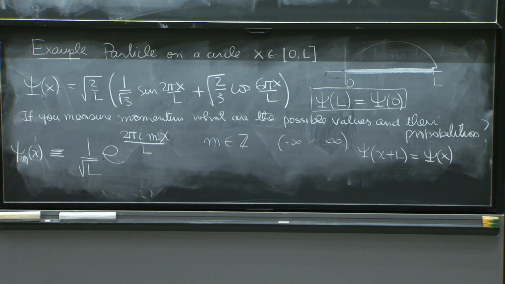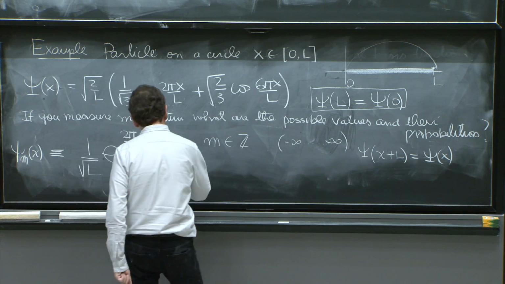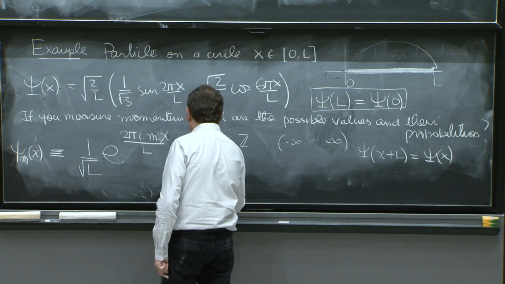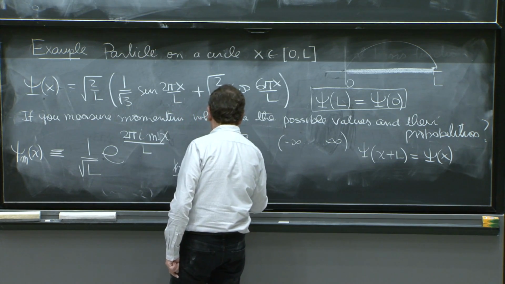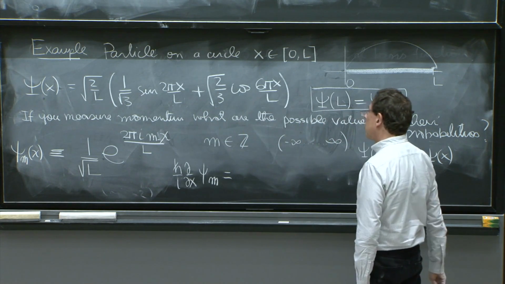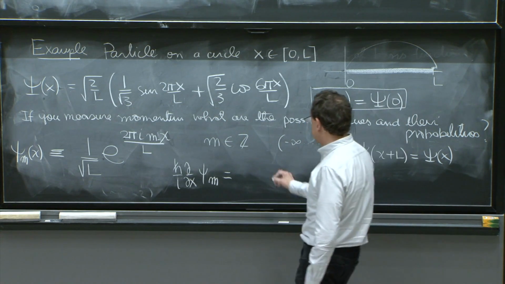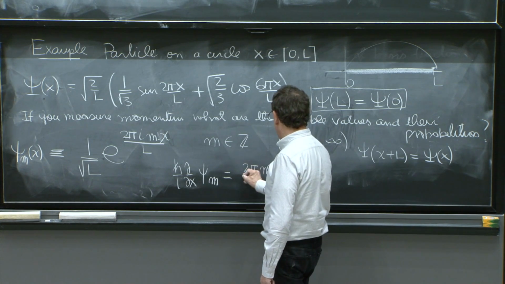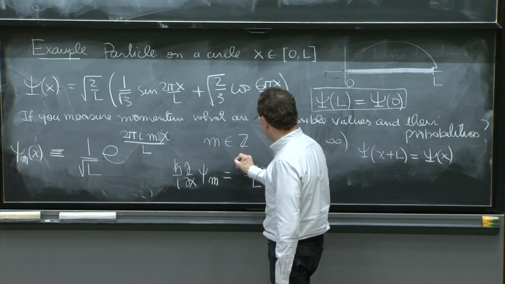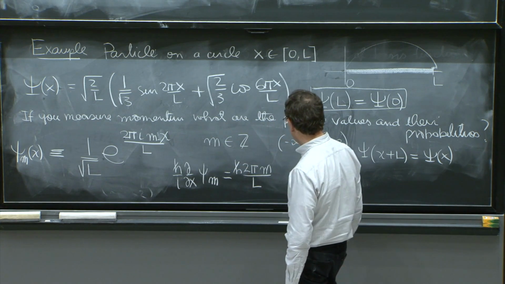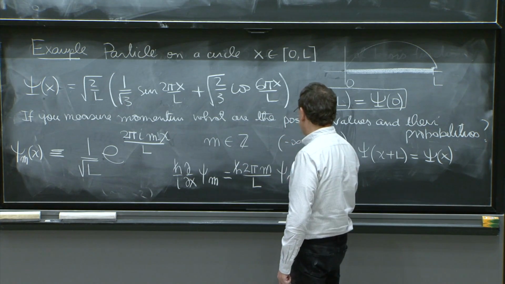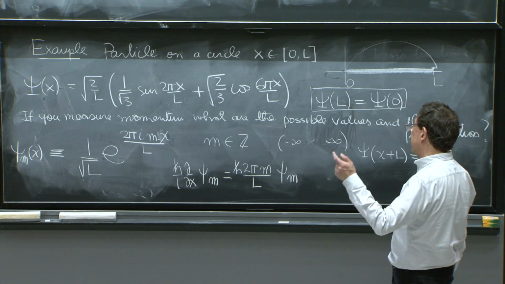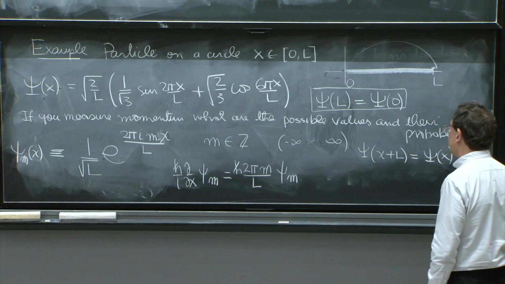In fact, what is the value of the momentum? Well, you calculate h bar over i d/dx on psi m, and you get 2 pi m over L times h bar times psi m. The h bar is there, the i cancels, and everything that multiplies the x falls down.